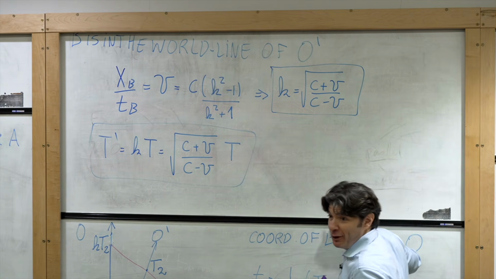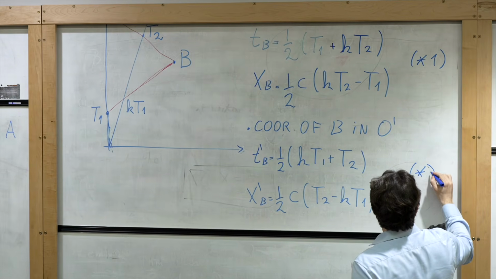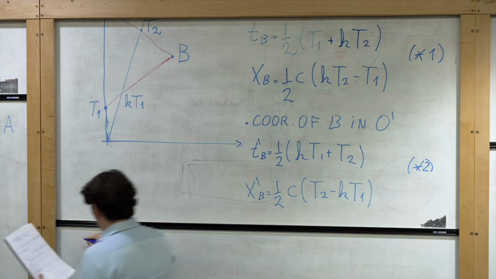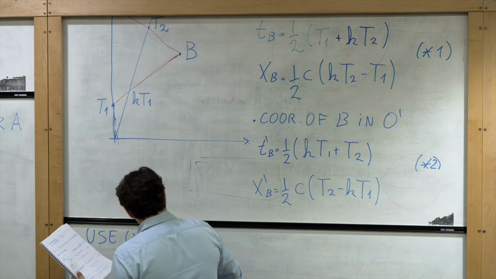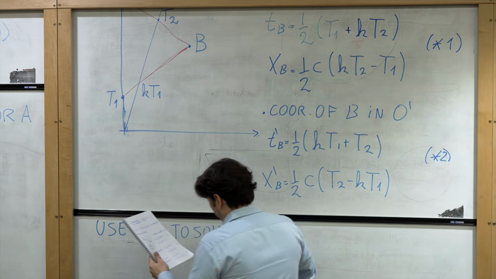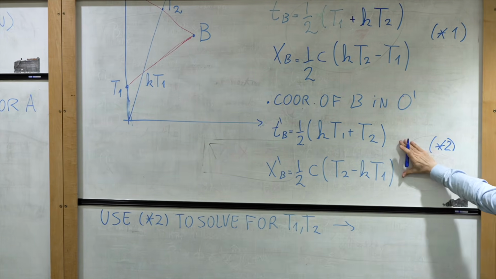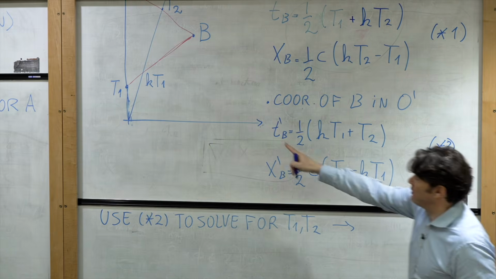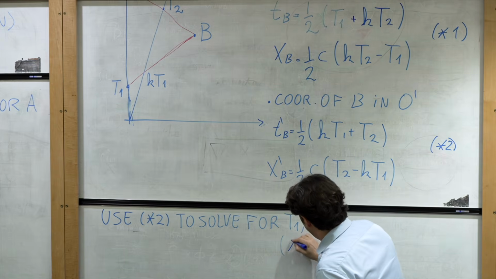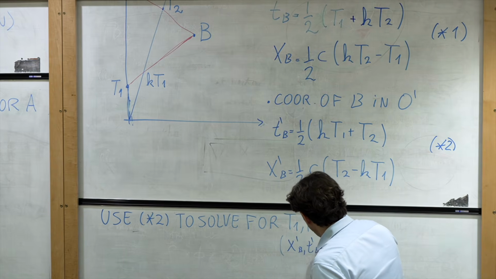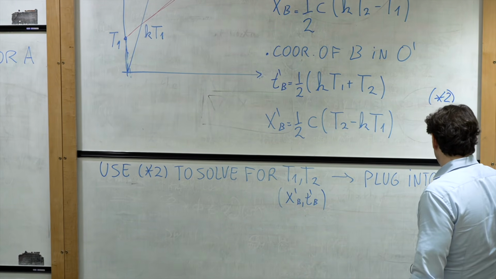And now we are almost there, okay? Because all we need to do is use the second system of equations to solve for T1, T2 as functions of X prime B and T prime B, and then plug this into the first system.